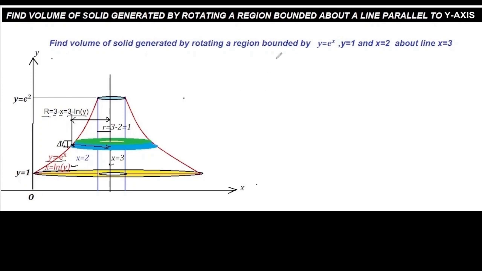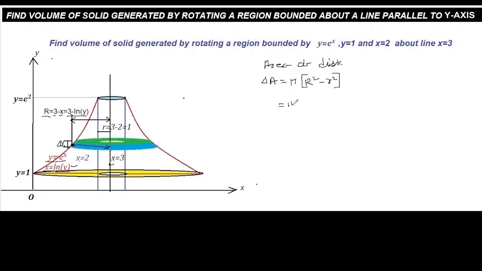Now first we are going to find the area of the disk, which you can denote by delta A. As this is a circular disk, the area can be written as pi times outer radius, capital R squared, minus inner radius, small r squared.